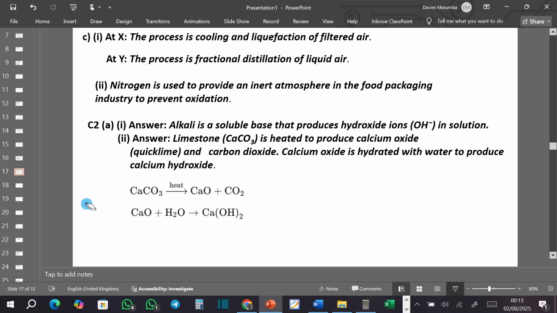Calcium oxide is then hydrated, reacted with water, to form calcium hydroxide. So this is how you describe the formation of lime water from limestone.